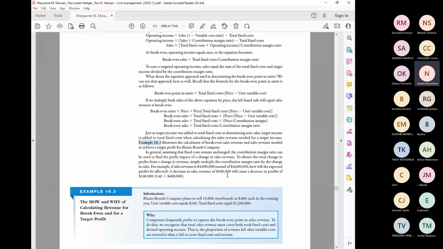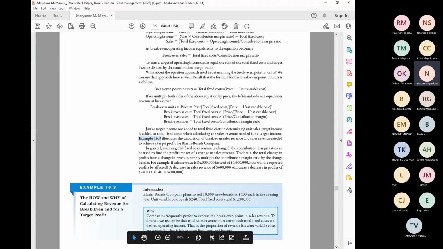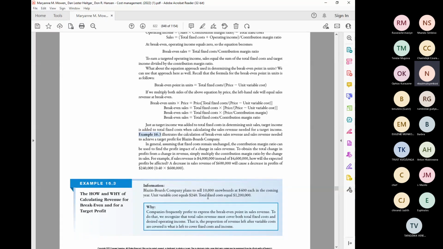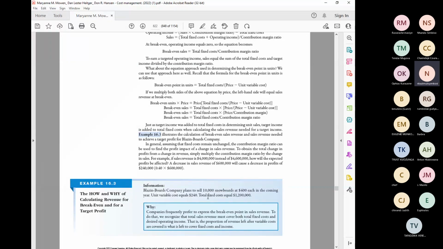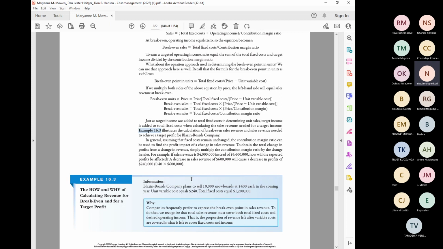Example 16.3 illustrates the calculation of break-even sales revenue and sales revenue needed to achieve a target profit for Blazin Boards company.